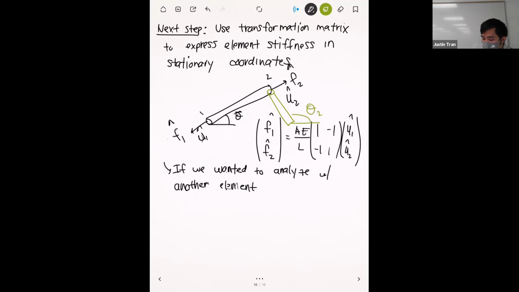Then our element 2 would have its own local coordinate system, and we'd have two different elements with two different coordinate systems that we can't really relate to each other.